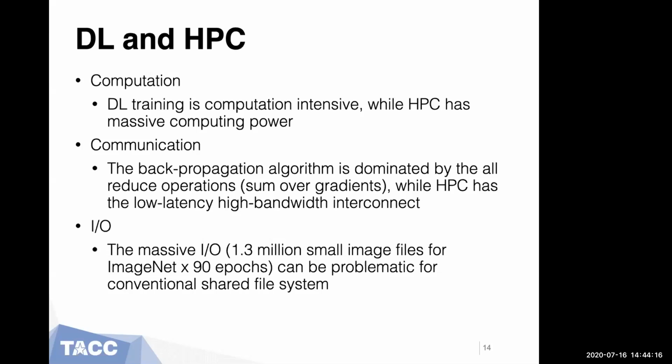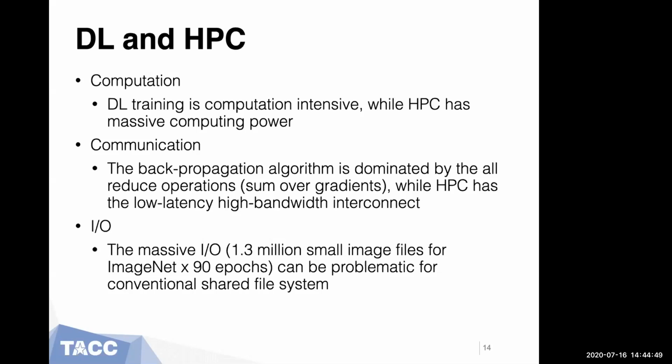Okay. And the third thing we care about is I/O. This is often overlooked by users. The massive I/O of DL training can sometimes be really problematic on a conventional shared file system on HPC. If you think about the ImageNet dataset, we have about 1.3 million small images in about 2,000 directories, and the way we access these directories is completely random.